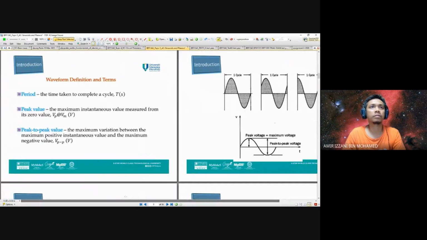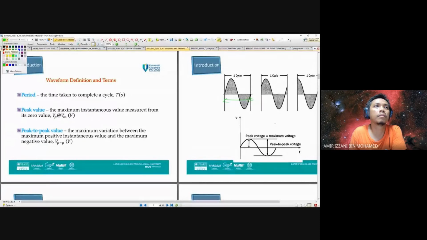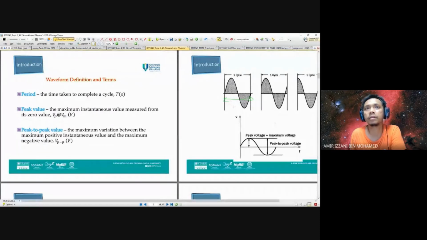Let's take a look at the definitions of the waveform. The first one is period. Period is the time taken to complete a cycle. Period T, one cycle.